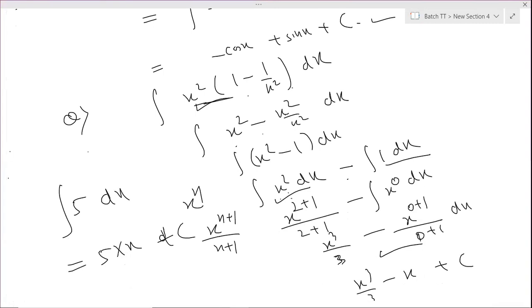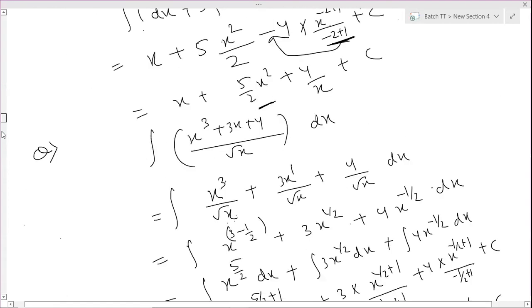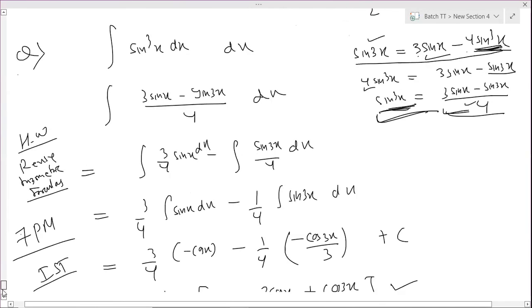So x to the power 2 plus 1 upon 2 plus 1 minus integration of 1, write it as x to the power 0. Again using this formula, x to the power 0 plus 1 upon 0 plus 1. Okay, so this is the basics of integration, and the substitution method we can gradually learn. But please get the recorded lectures from the team.